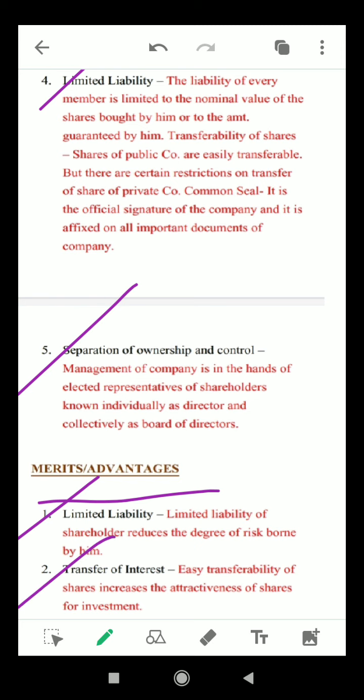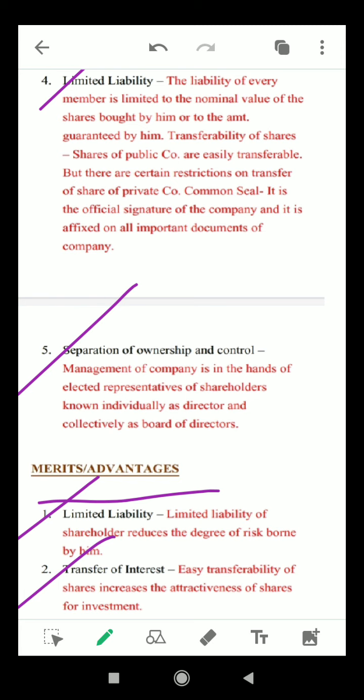Next is transfer of interest. Easy transferability of shares increases the attractiveness of shares for investment. That means the shares of a public company are freely transferable, and the shareholder can dispose of his shares at any time when the market conditions are favorable or he is in need of money.